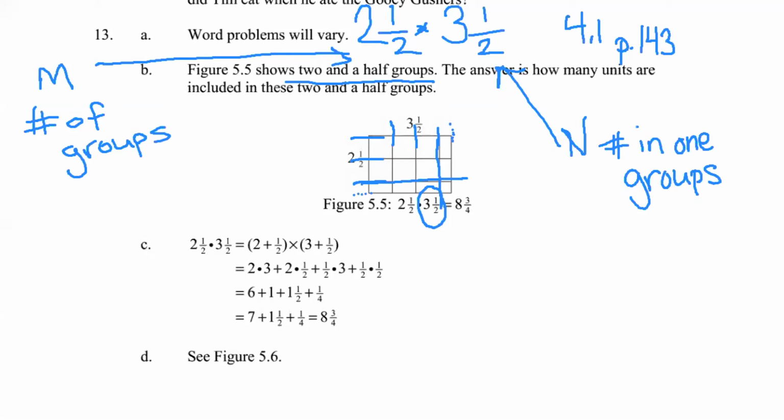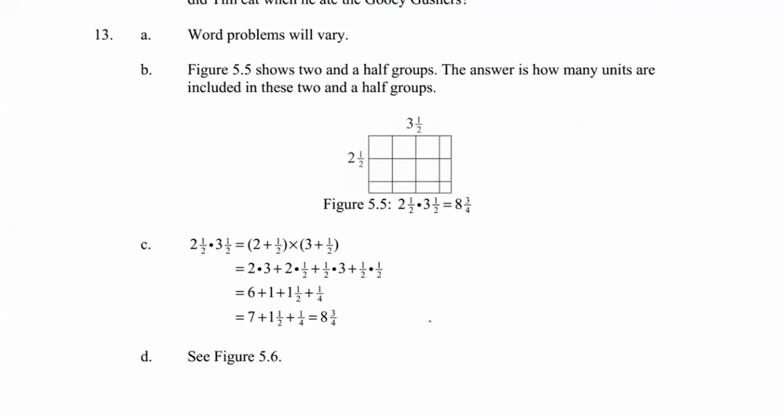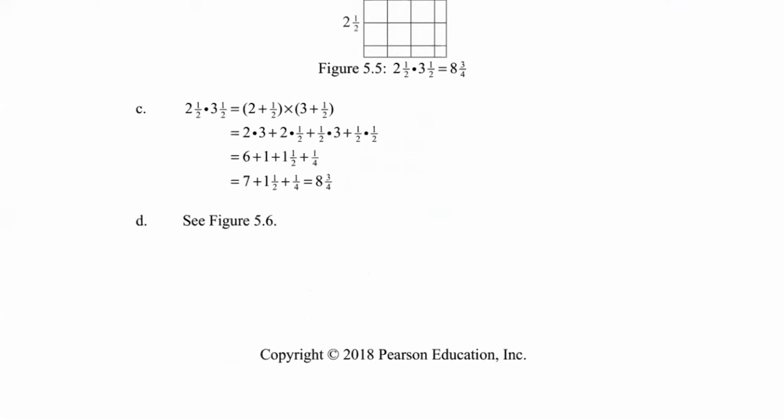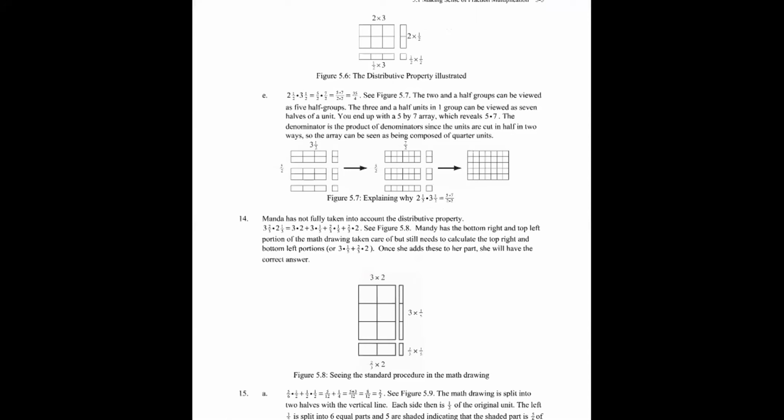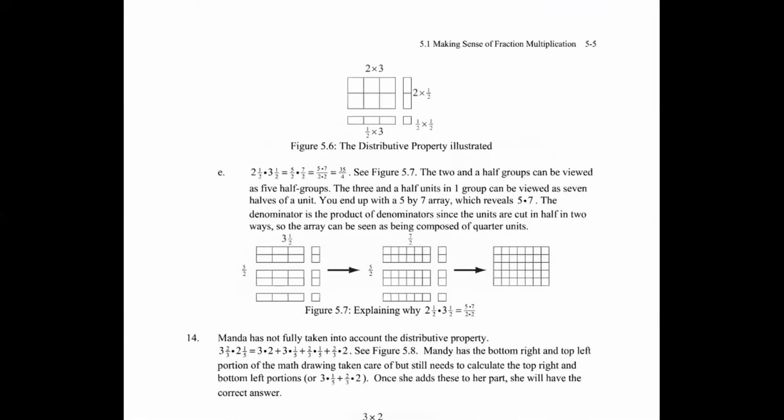Now, let's look at part D. So part D, identify the 4 products by the distributive property in part C. And I drew it for you in the image too, right?